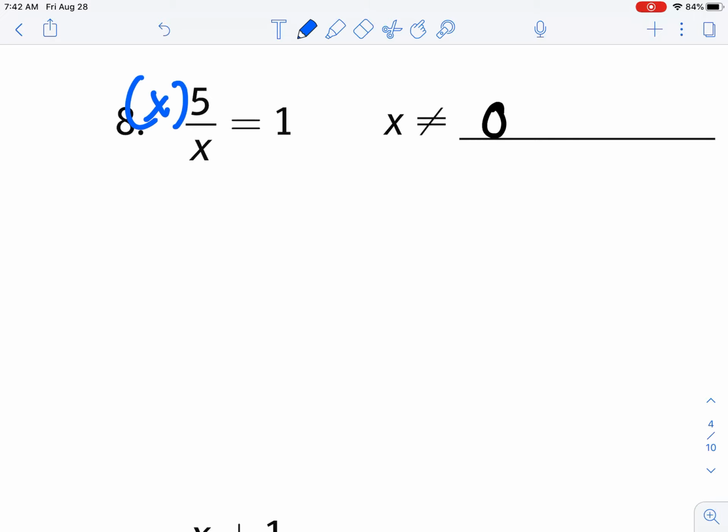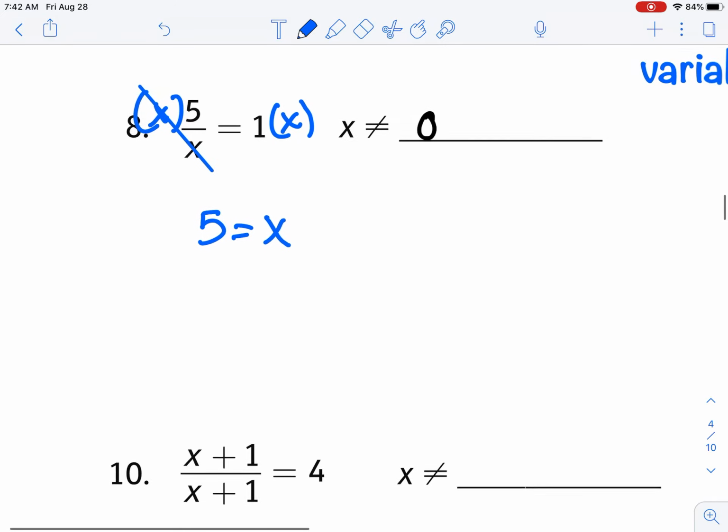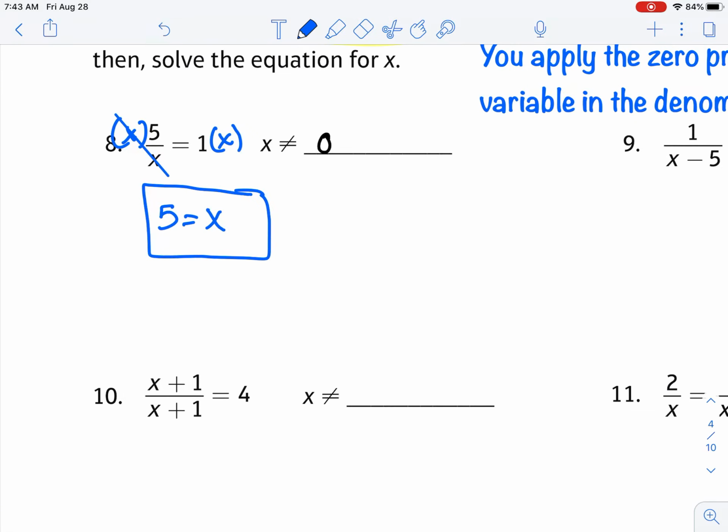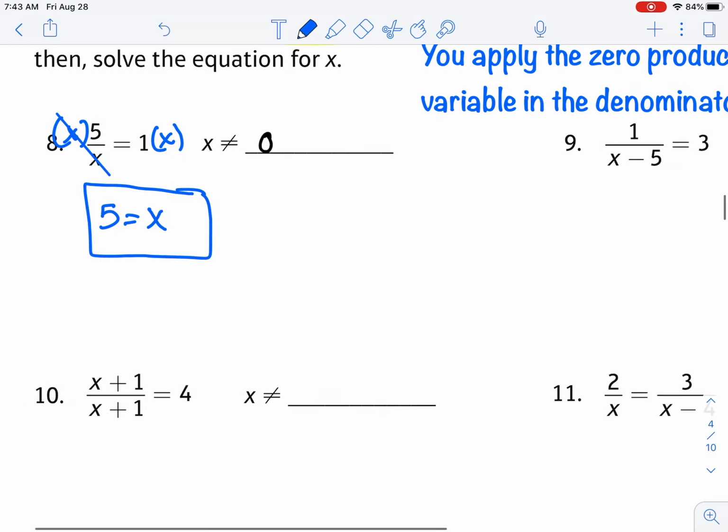I can multiply both sides by the denominator because there's only one denominator. So I get 5 all over x, and x equals 5. So that's my solution. Easy enough. We said that in the beginning. Anything divided by itself is 1.